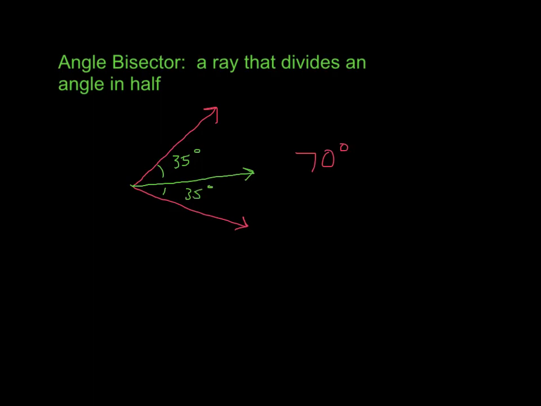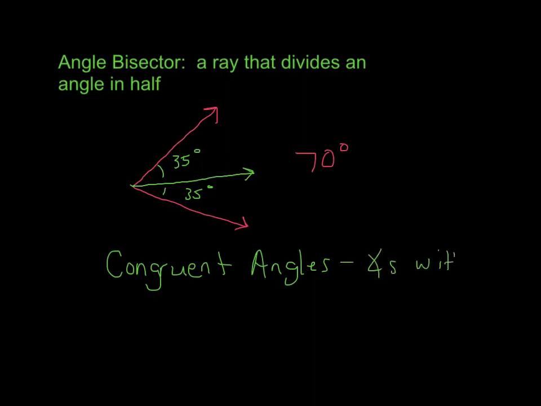An angle bisector is that in our case up above, both of the angles are 35 degrees.